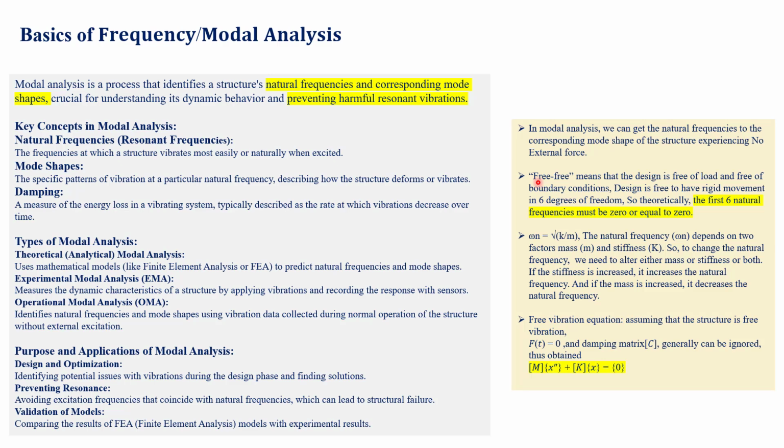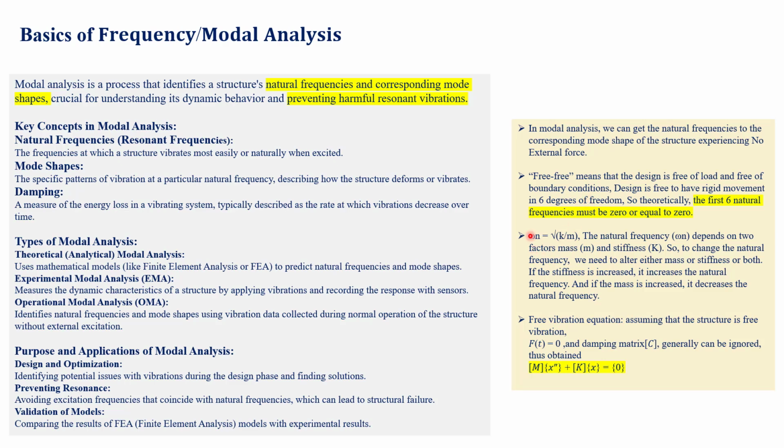So no loads or no contacts or whatever it is. Now if you have it in a vacuum, definitely that component will have 6 degrees of freedom. Theoretically, the first 6 natural frequencies should be 0 when it comes to the free analysis. Whatever you do, it should be. We can even see that in the later sessions.